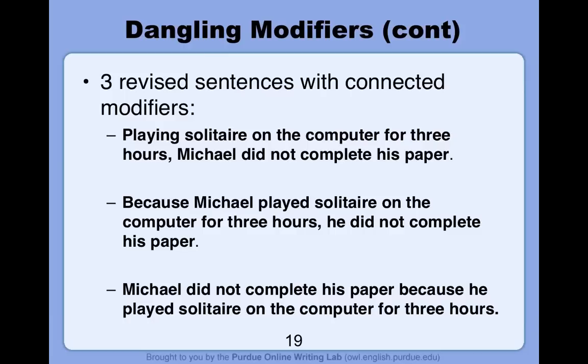This version corrects the sentence by placing Michael within the modification phrase. And the third version, "Michael did not complete his paper because he played solitaire on the computer for 3 hours." This version corrects the sentence by eliminating the introductory clause and making it a subordinate clause at the end of the sentence.